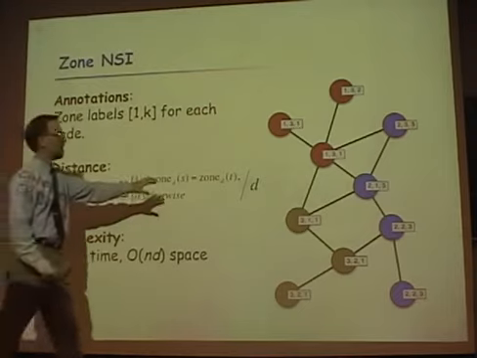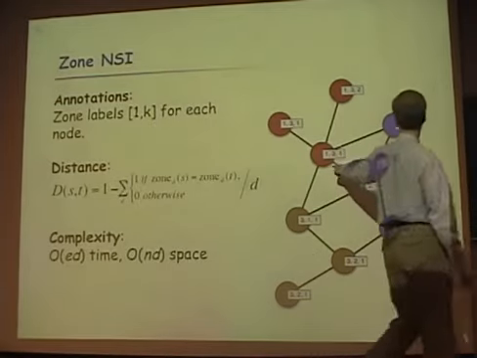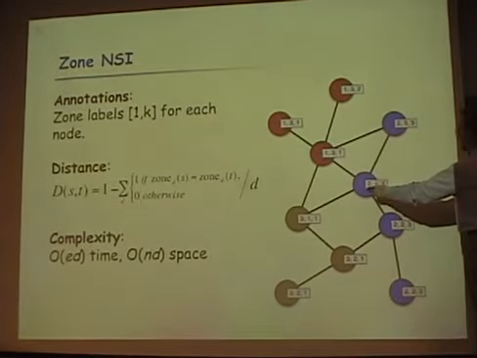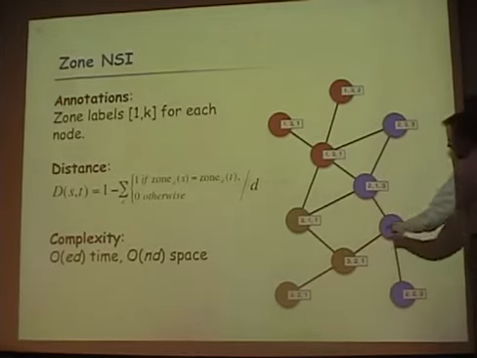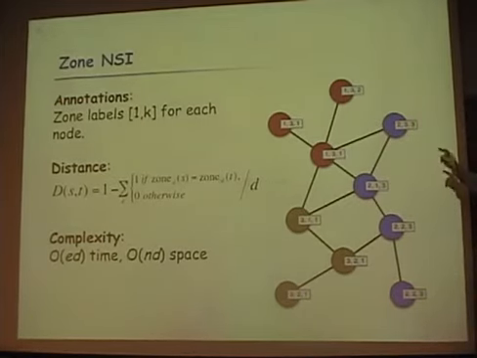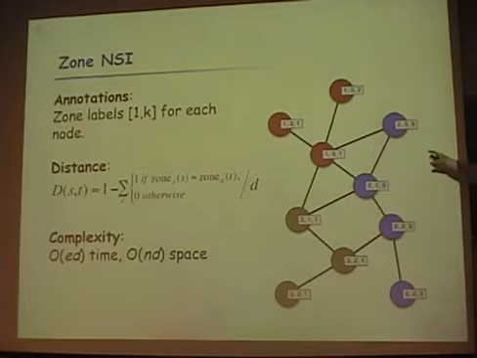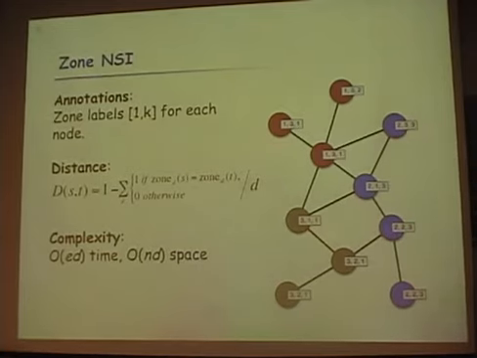So here we have red, which corresponds to the first number here. 2 is blue, red is 1, 3 is green. But we're going to do that many times in order to get a set of values that then is the index value for each node. And then we're going to compare them using a distance function, and try the zone index.